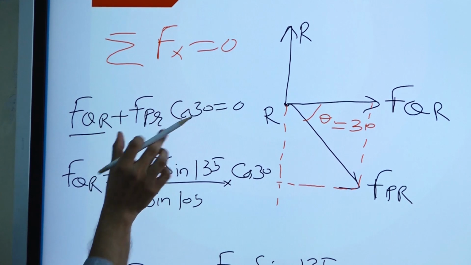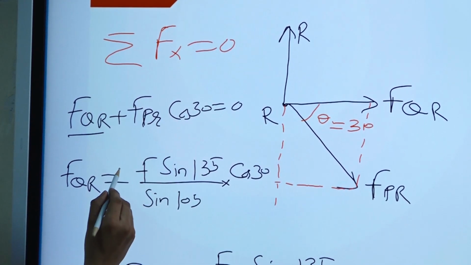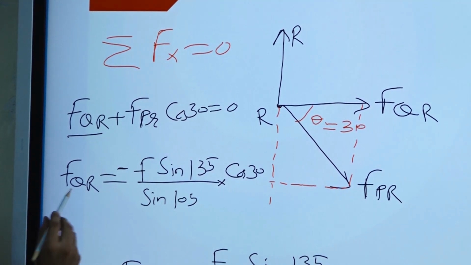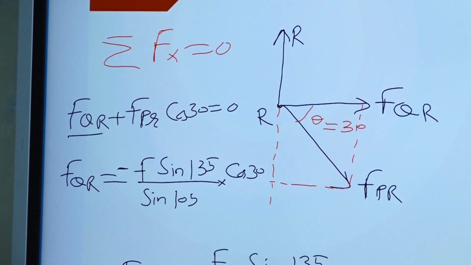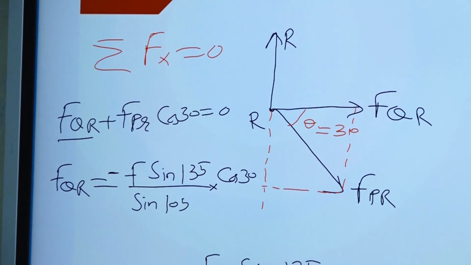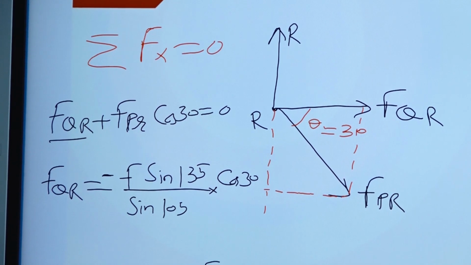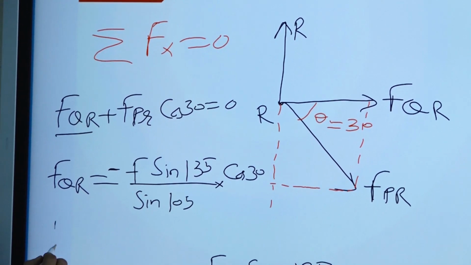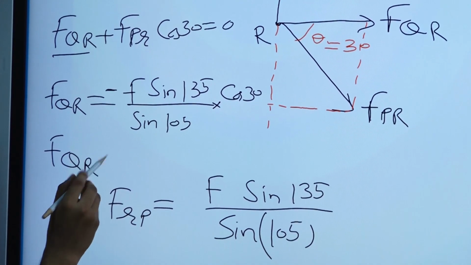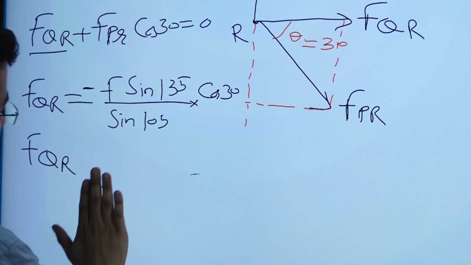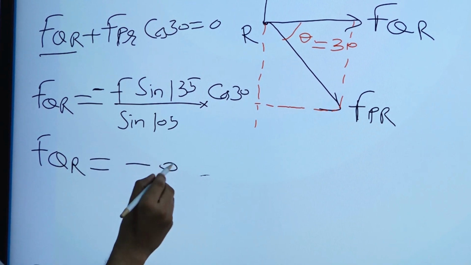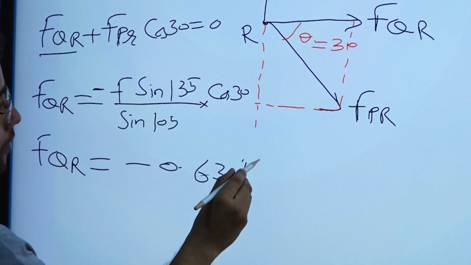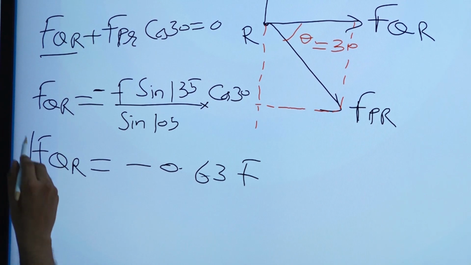I took this thing to the RHS, so a minus sign will come. So FQR is equal to minus F sin 135 into cos 30 divided by sin 105. When you solve it, you find minus 0.63 F. Okay, so this will be the answer.